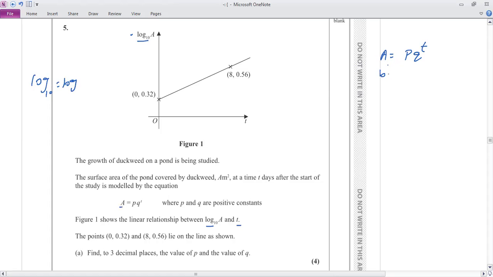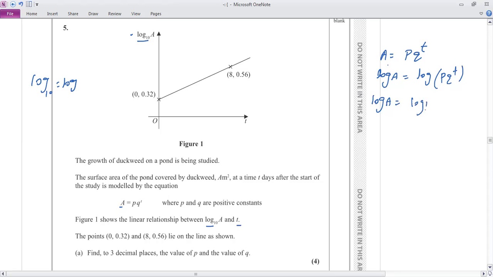It will become log of A equals log of PQ power T. Now apply the logarithm rule on that.